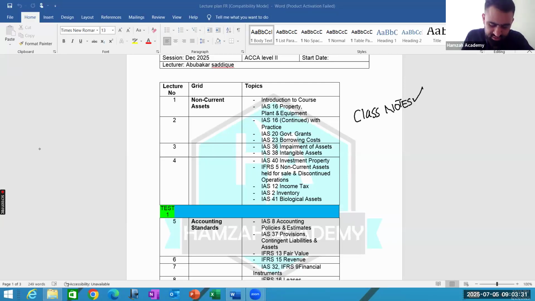But other than the class notes, we will be using ACCA Study Hub. ACCA Study Hub is a resource to study the ACCA. So there are books available written by ACCA, published by ACCA. So we will also be using the ACCA Study Hub.